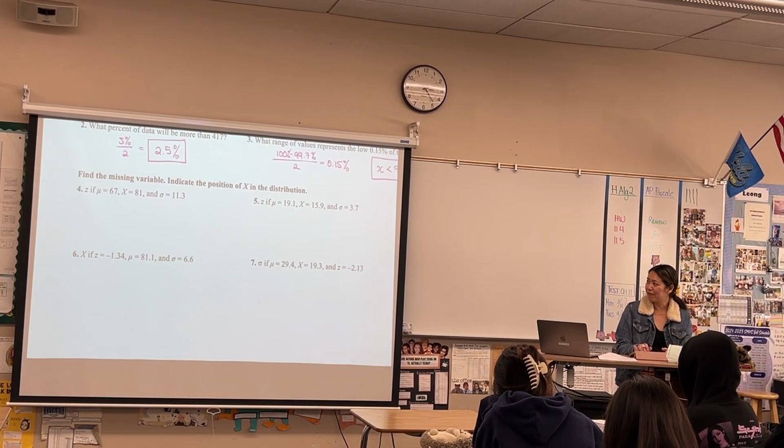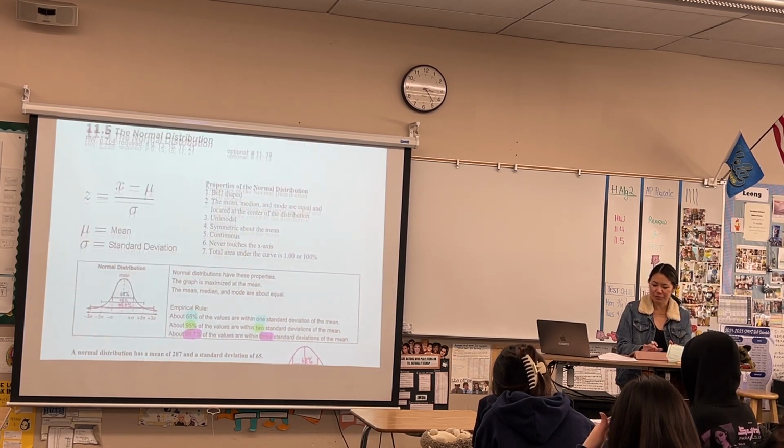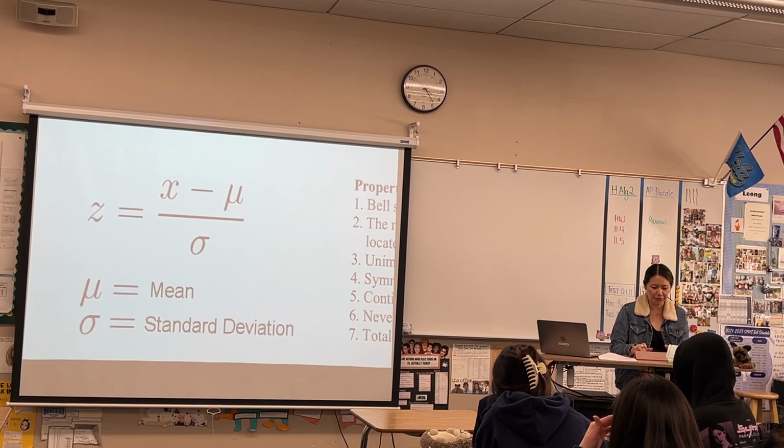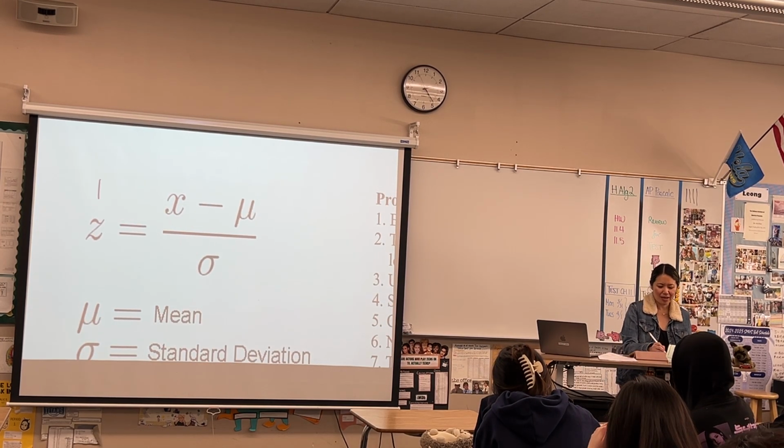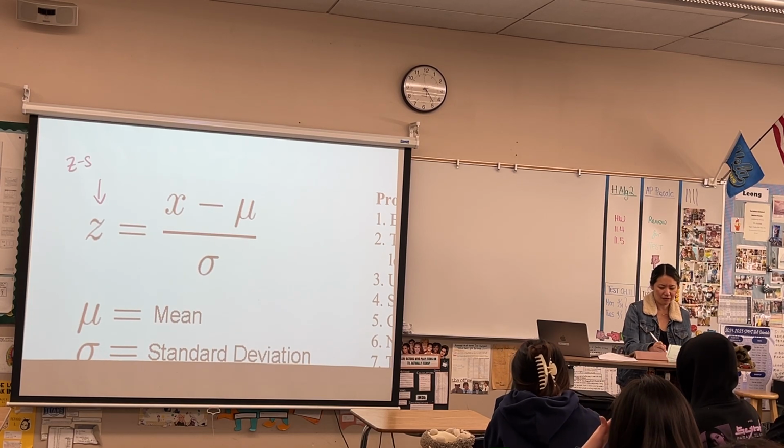Let's get back to that formula that we ignored from before. Numbers 4 through 7 use this formula right here. This formula is known as the z-score formula.